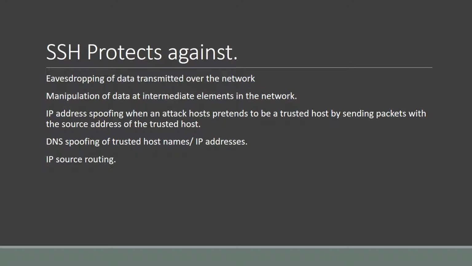It also protects against spoofing, IP address spoofing to be specific, where an attack host pretends to be a trusted host by sending packets with the source address of the trusted host. It also protects against DNS spoofing, which usually happens over trusted host names and IP addresses. SSH will protect against that. And last but not least, it also protects against IP source routing over your network.